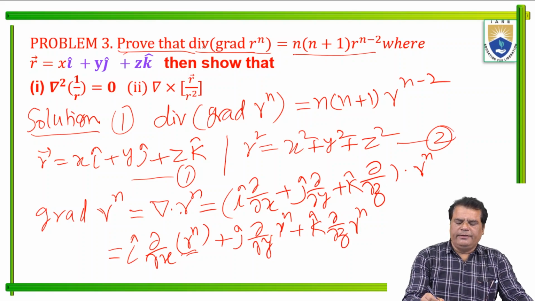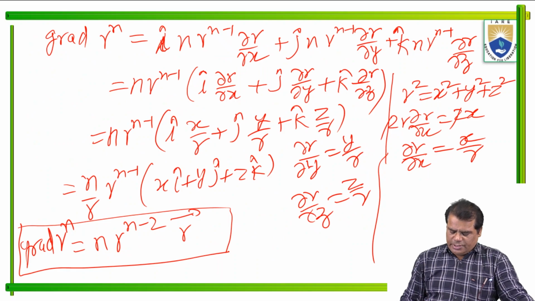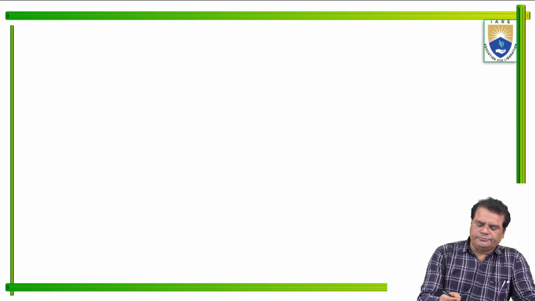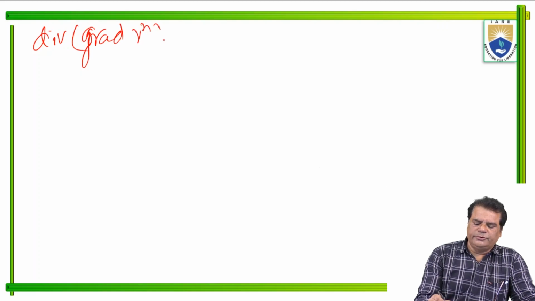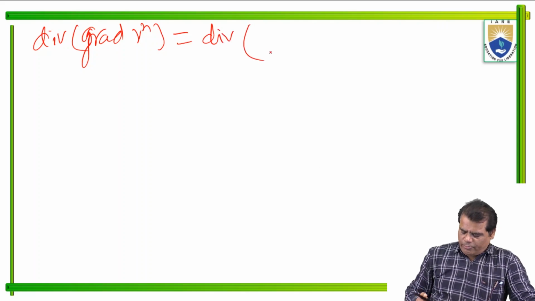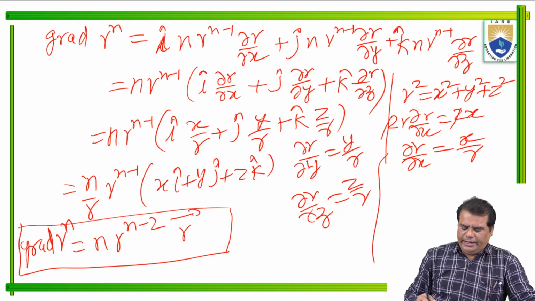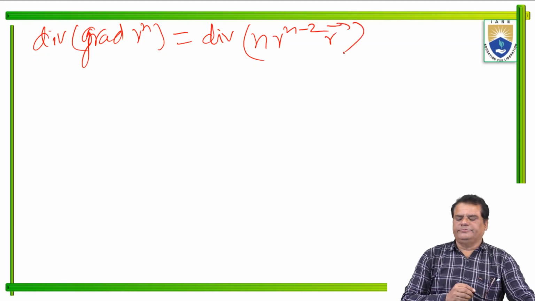here again, the divergence of grad r to the power n. The result of grad we have found is n r to the power n minus 2 times the vector r.